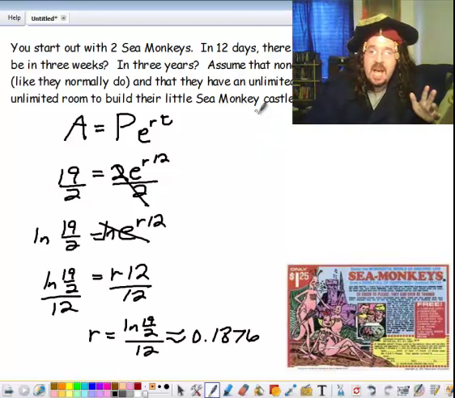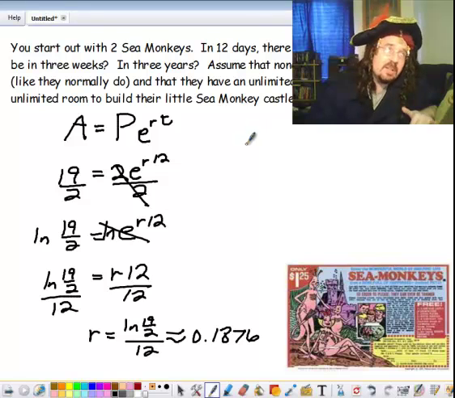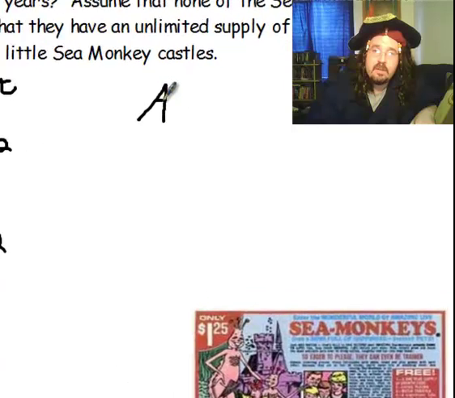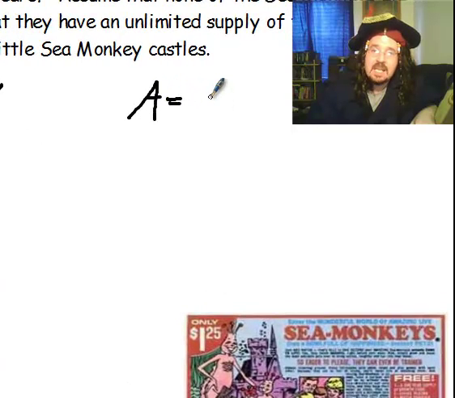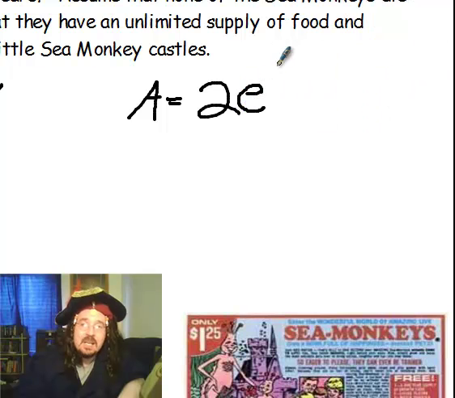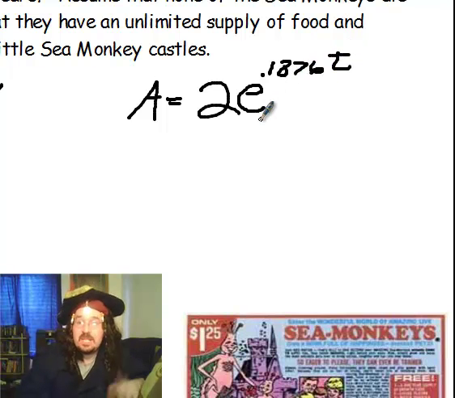Okay, so now I know the rate, and I can use that to find all kinds of wonderful things. So my original function is now A equals 2, that was my starting amount, e to the r, which I now know, it's 0.1876, and t is what I don't know. And I'm first asked how many there will be in 3 weeks.